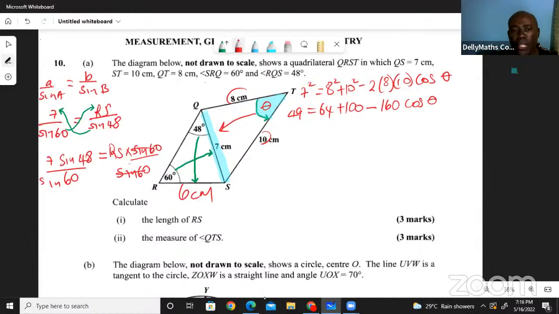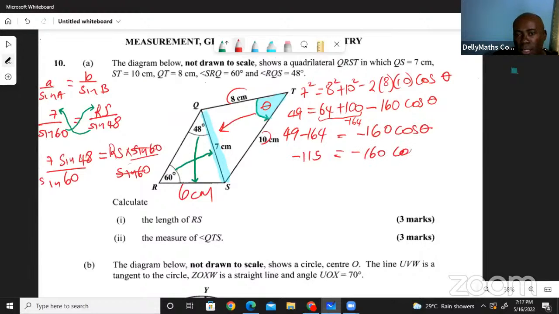All right, good. So let's put it together because we're solving. Basically I have 49 equals 164 minus 160 cos of the angle, because 64 plus 100 is 164 here. So I'll subtract 164 from both sides. Then 49 minus 164 is going to give me negative 115, which is equal to negative 160 times the cos of the angle.